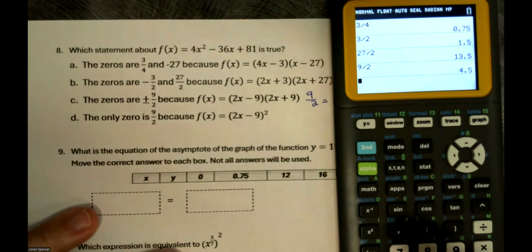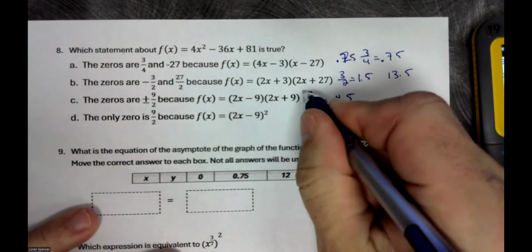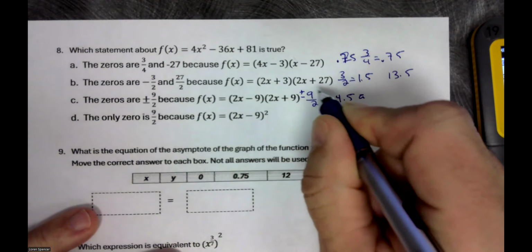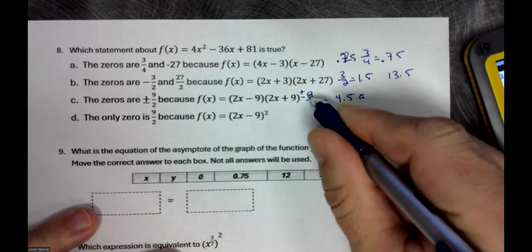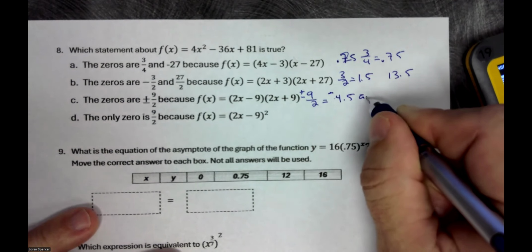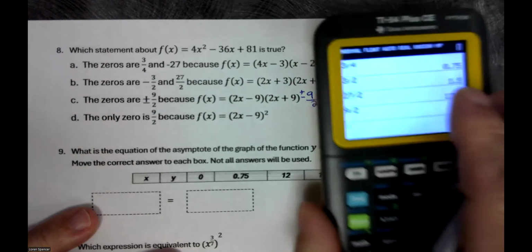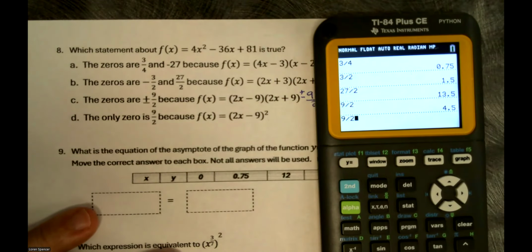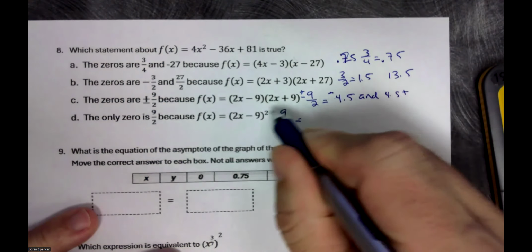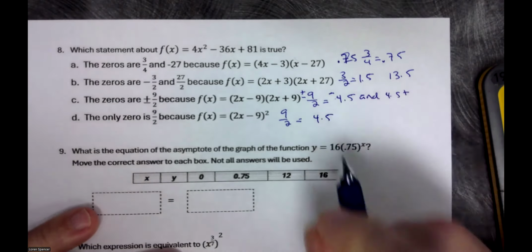And this is a 4.5, and it's a plus or minus, which means plus or minus 4.5 is 4.5 negative and 4.5 positive. And then we have 9 divided by 2. Okay? And that is a positive 4.5.